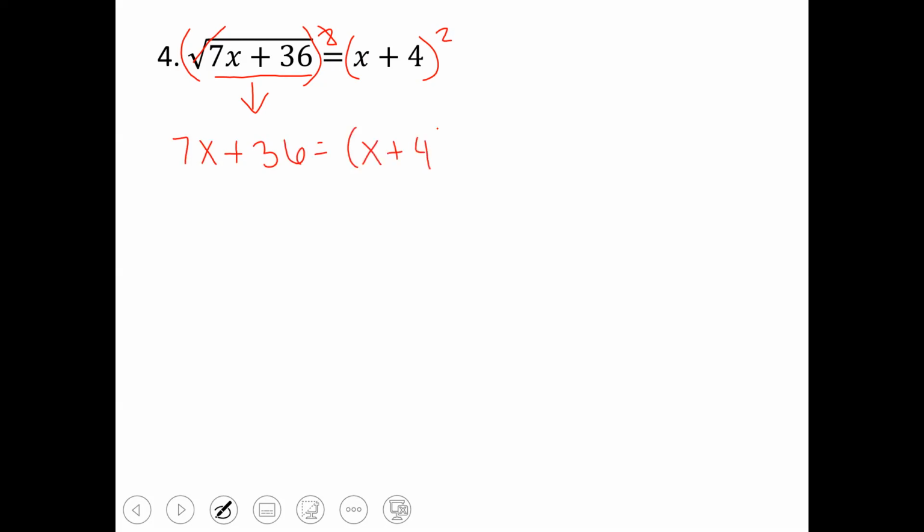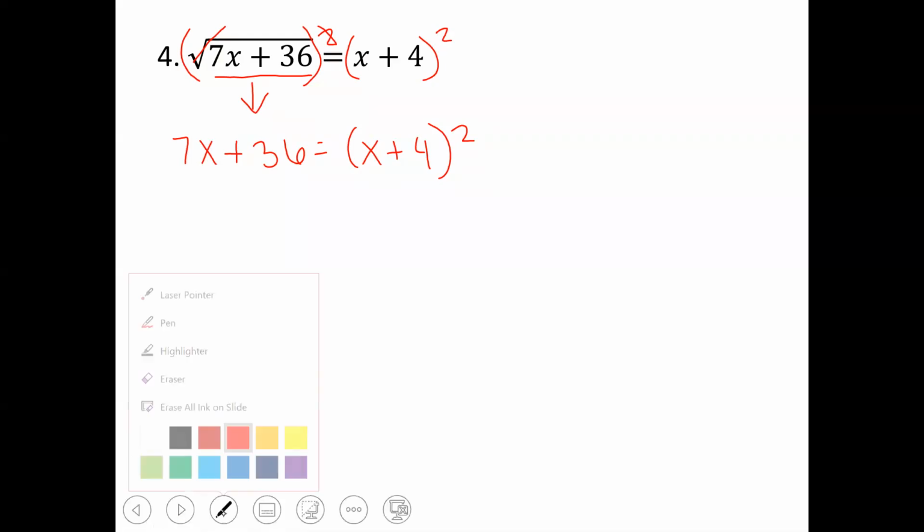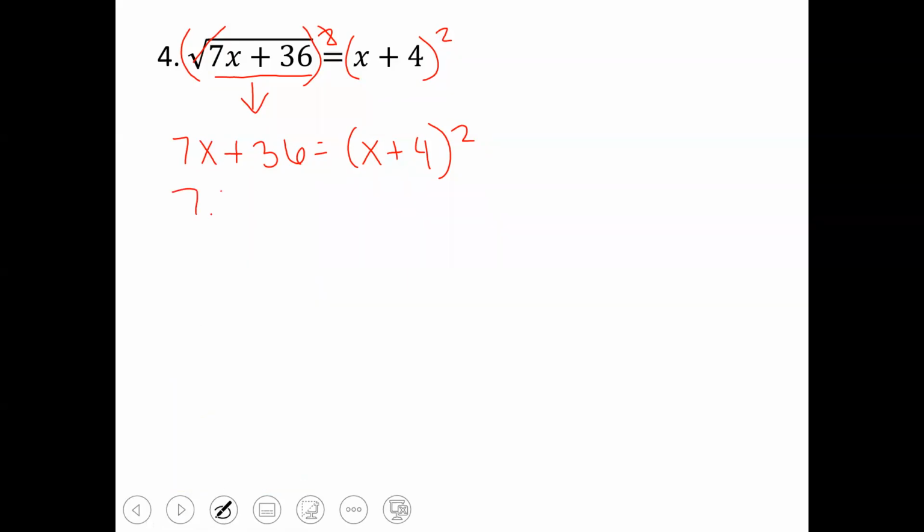Now on the right, when a binomial is squared, what is my first step? To write it out twice. And then you're going to have to FOIL or distribute that right side. So x times x is x squared.